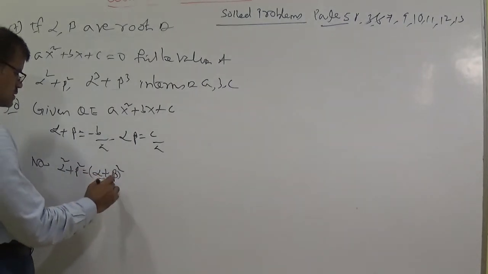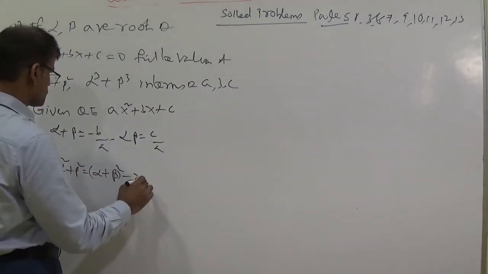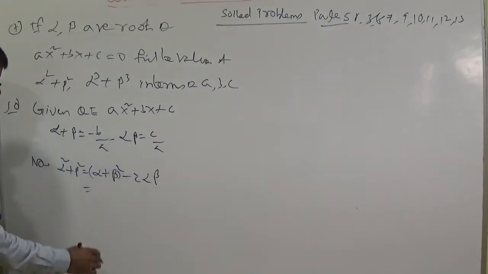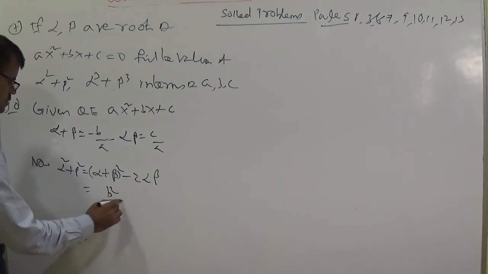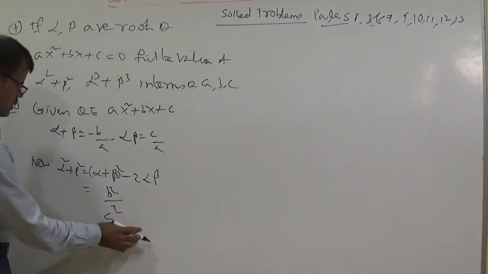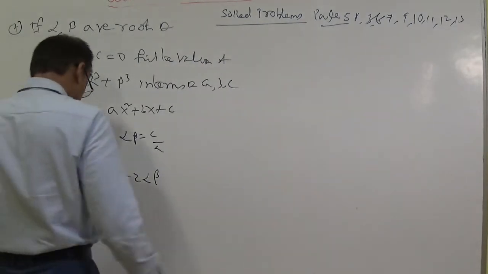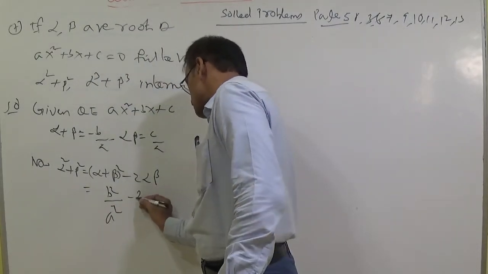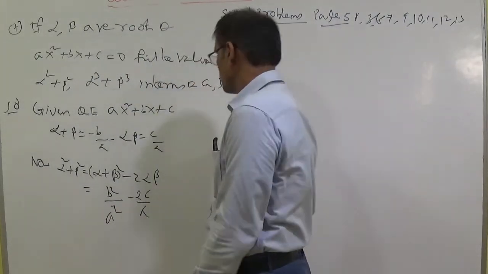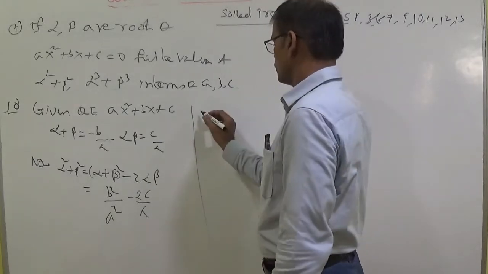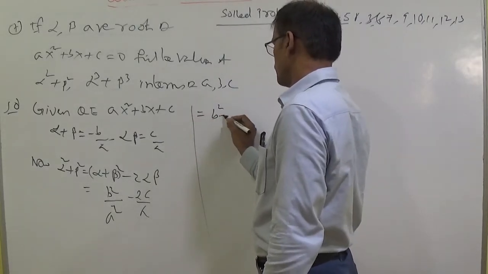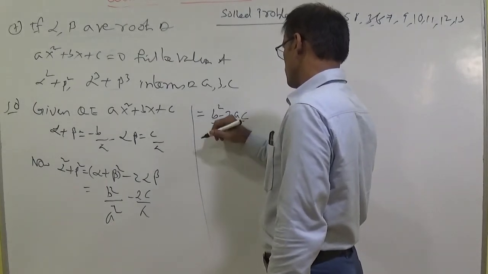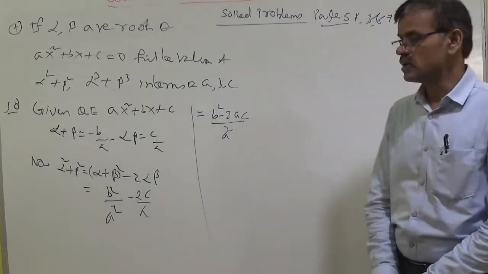In the previous class I said that alpha square plus beta square is equal to alpha plus beta whole square minus 2 alpha beta. So this can be written as b square by a square minus 2c by a. By taking LCM, we get the value as b square minus 2ac by a square.